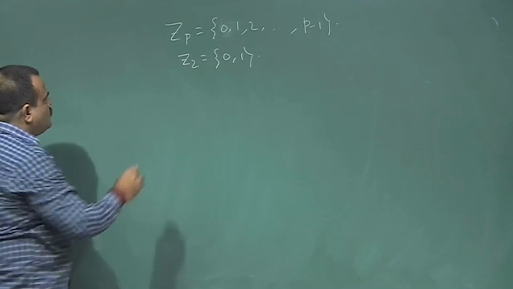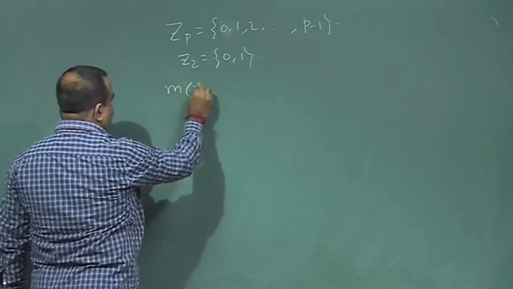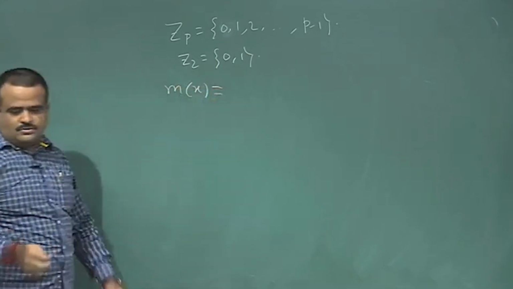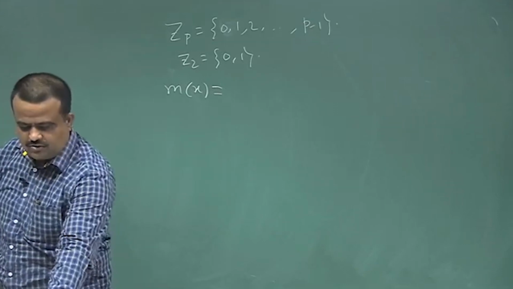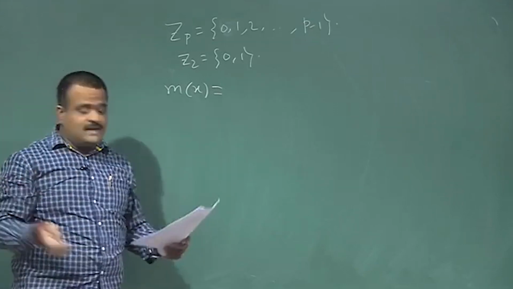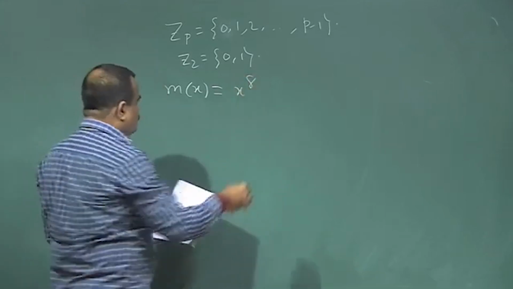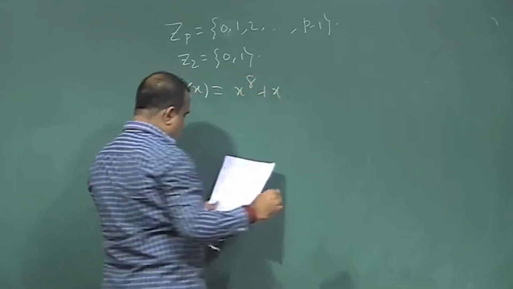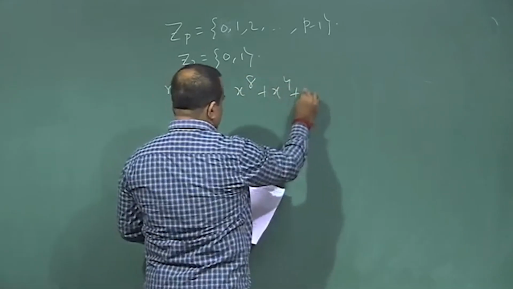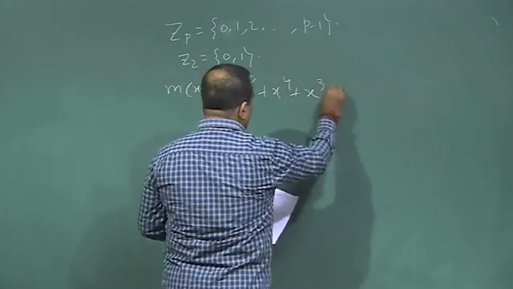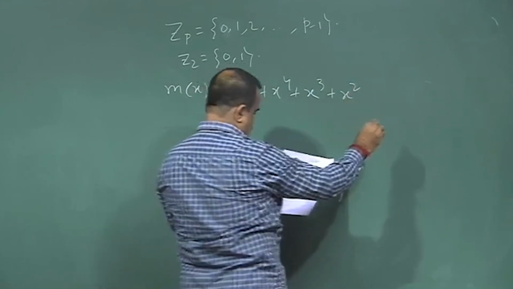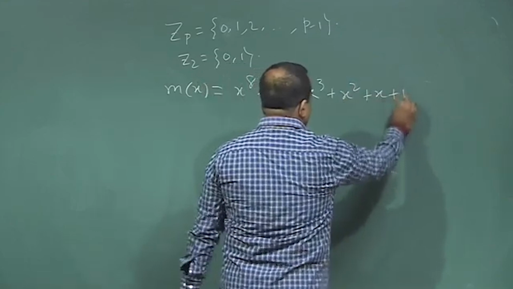Okay. Now, if you take an irreducible polynomial over Z_2, we have an example we have just seen, which is used for AES. So, let us take that example. There are many irreducible polynomials, but let us take the same irreducible polynomial.